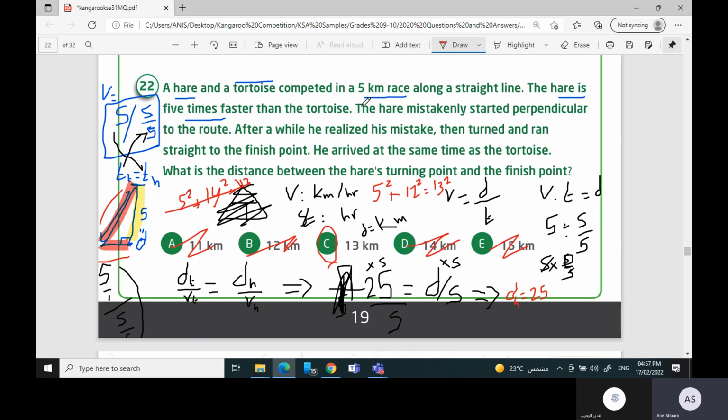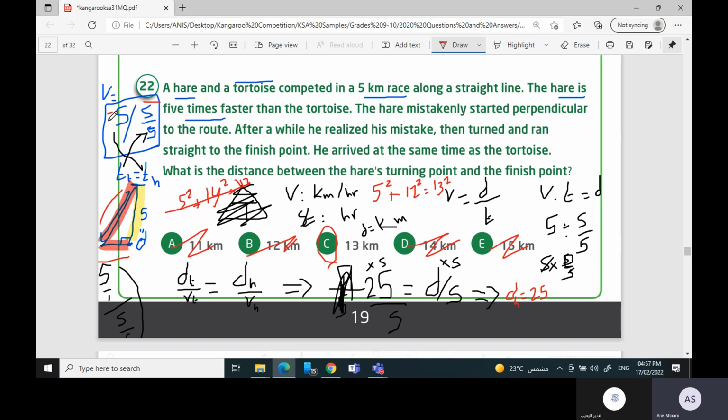So a hare and a tortoise competed in a 5 kilometer race. I draw a straight line, 5 kilometers, along a straight line. I wrote down my givens because I'm going to use every single word. The hare is 5 times faster than the tortoise. So I got a comparison between two unknowns.